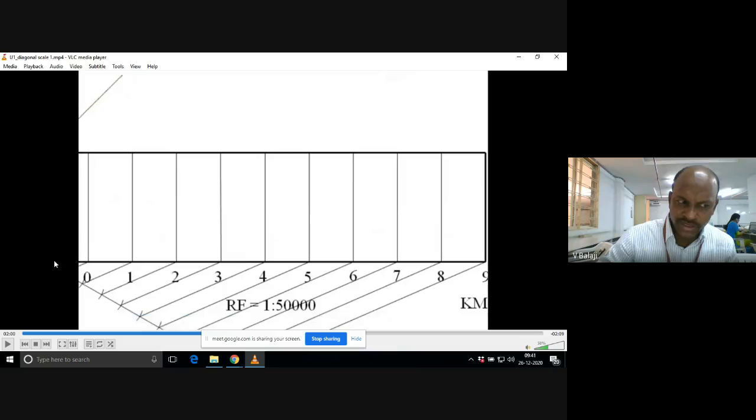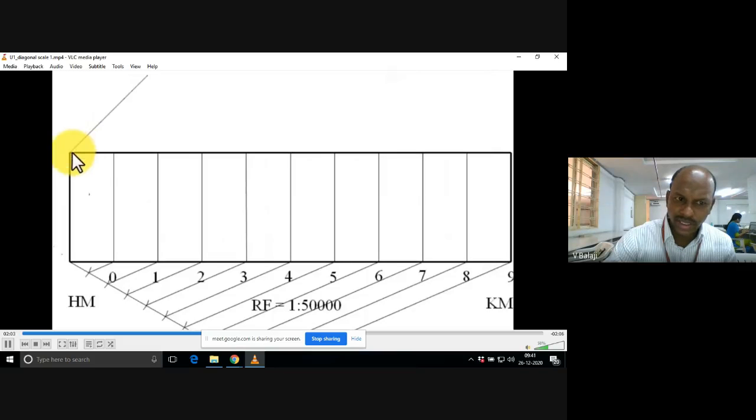So first divide this first part into 10 equal parts as usual, by taking 10 equal arcs on the inclined line. Now join that last arc to the 0 line, match your mini drafter scale to that line, and draw parallel lines. Now you got this first part divided into 10 equal parts because 1 kilometer equals 10 hectometers.